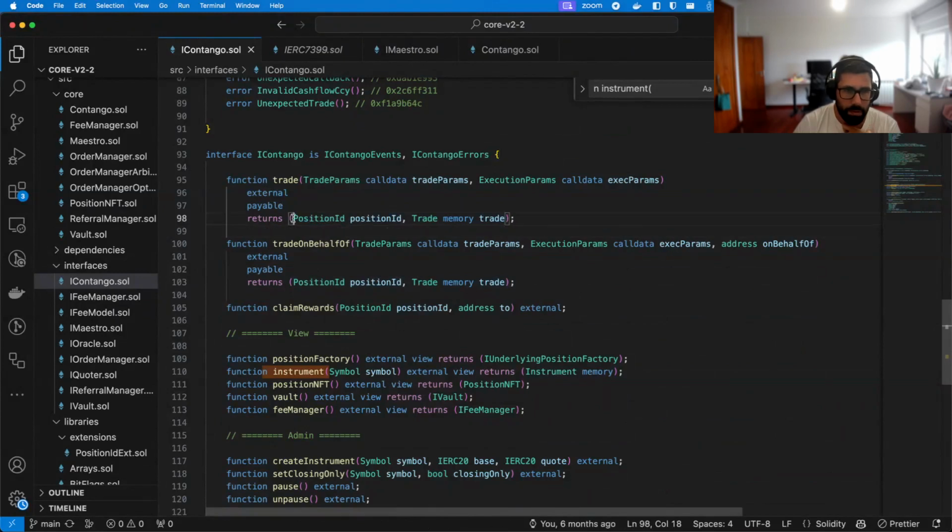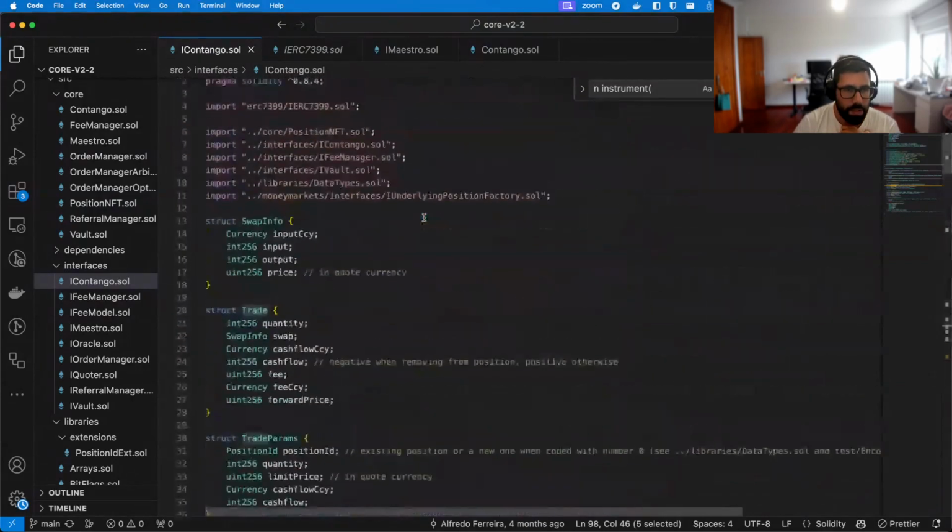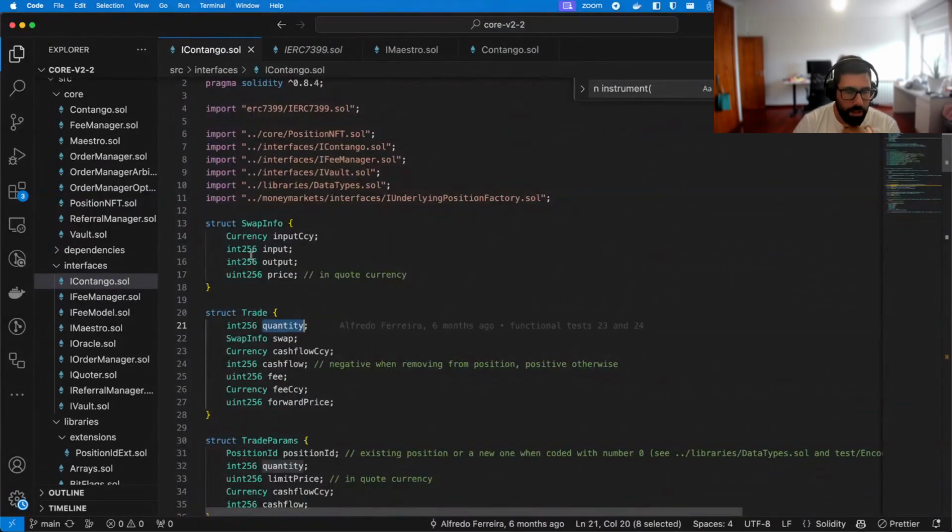We want to return the position ID that was created, and the trade itself, which tells you the quantity, effectively what swap you did with the exact input and the output. You want to know the fees that you paid and a bunch of other details.